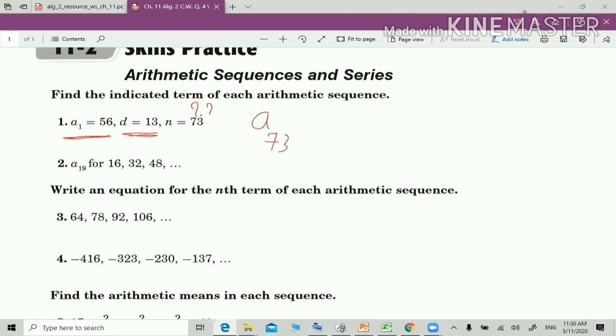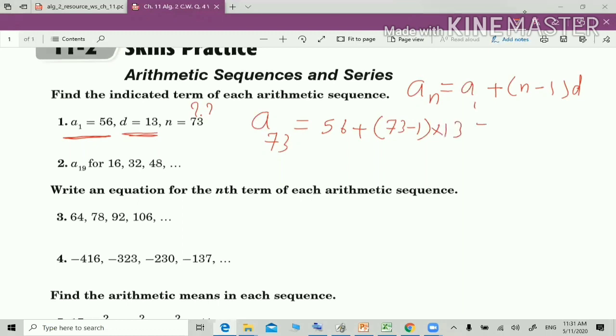A73. I'm going to write the formula: An equals, you have to memorize it, A1 plus (N minus 1) D. Okay? A73 equals, what's A1? A1 is 56. So I write 56 plus N minus 1, meaning 73 minus 1, times D. What's D? 13.